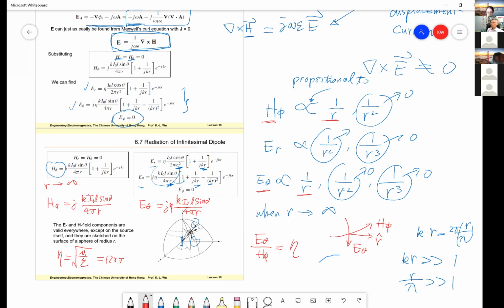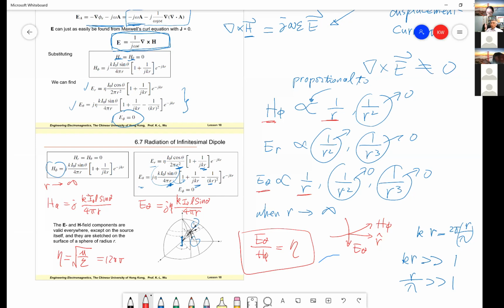E theta is perpendicular to H phi, and both E and H are perpendicular to the direction of propagation R. What does that mean? It is a plane wave. And the ratio of E over H equals the wave impedance. This is another important property of a plane wave.